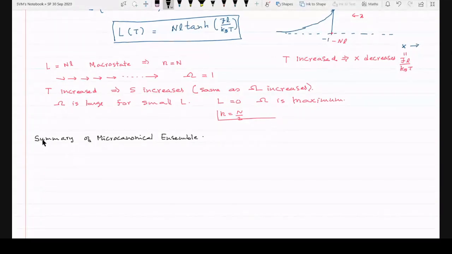So the physical system that we were interested in, or which corresponds to this, is called an isolated system in equilibrium.